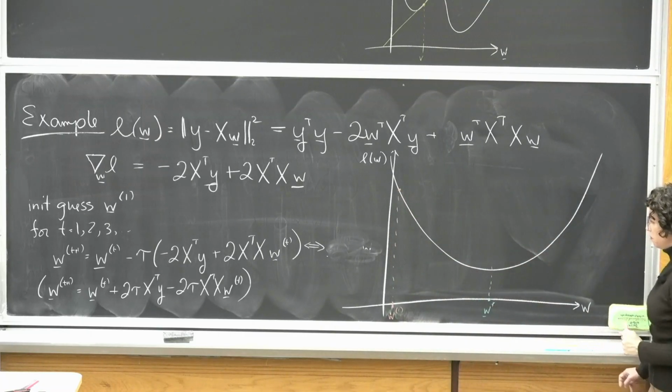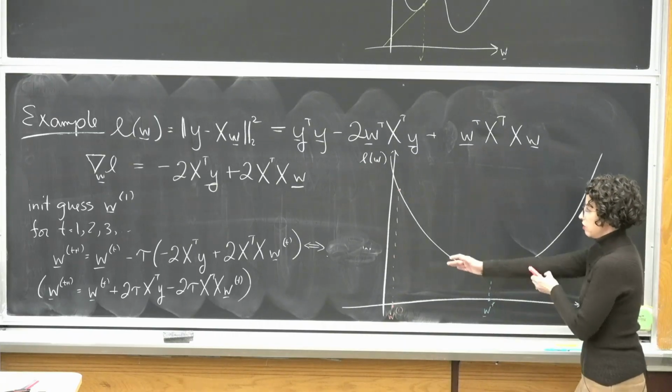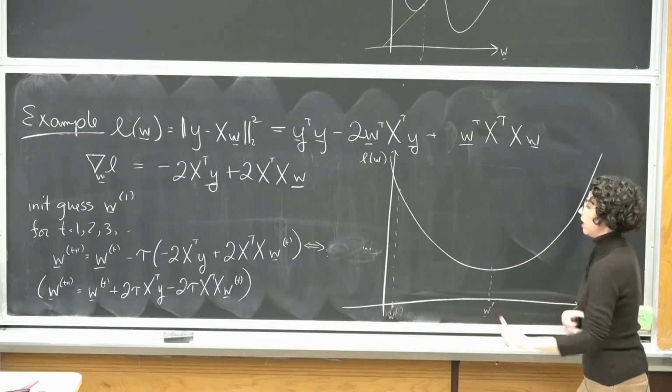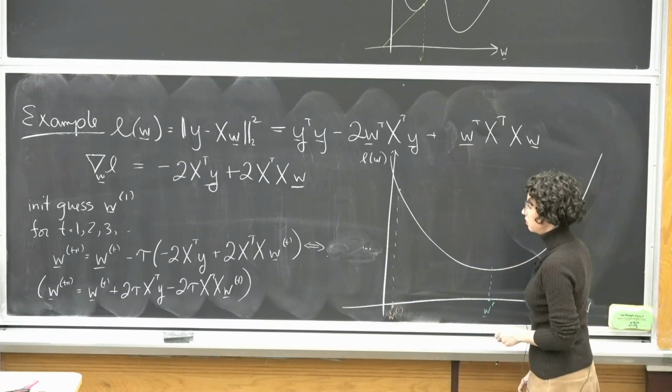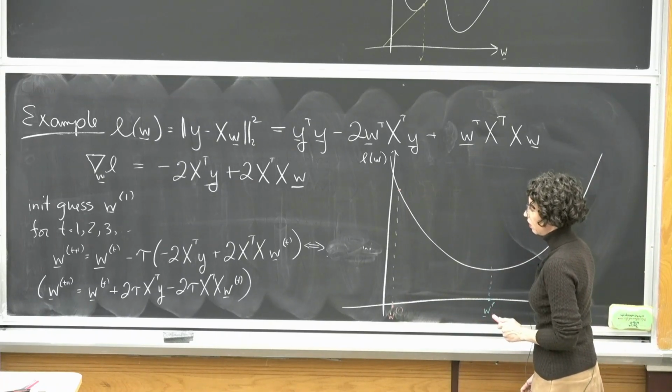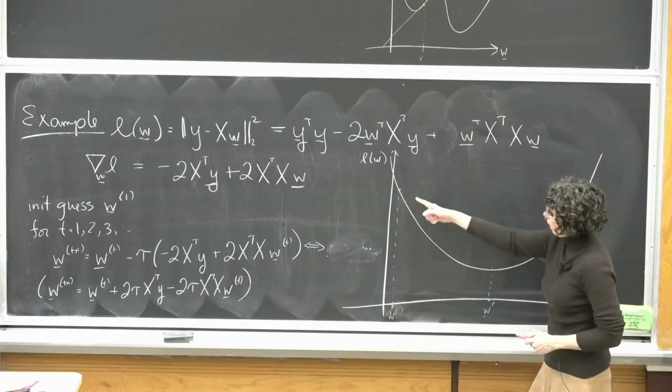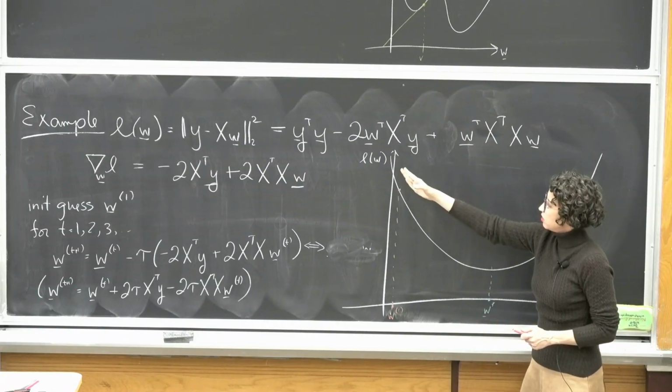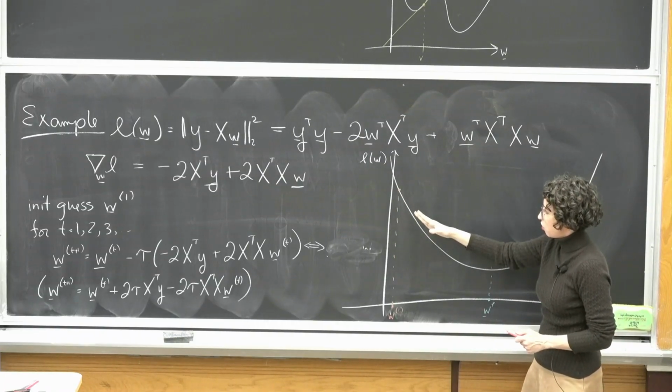And what am I going to do? I'm going to compute my new guess by first of all computing the gradient of my loss at this point and taking a step in this direction. So in particular, at this point, my loss is sloped downwards.